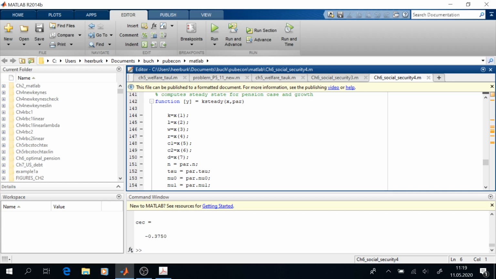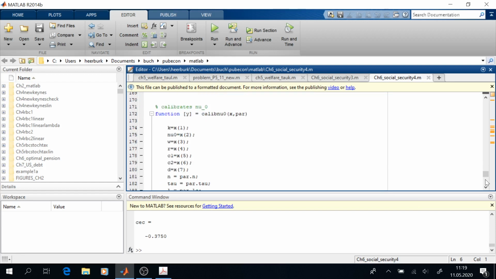Now, in order to calibrate the parameter nu0, which stems from the utility function of labor supply, we set labor supply equal to 0.3. So we demand an equilibrium steady state labor supply in the initial steady state in the benchmark of 30% of your available time. And nu0 becomes the new endogenous variable.